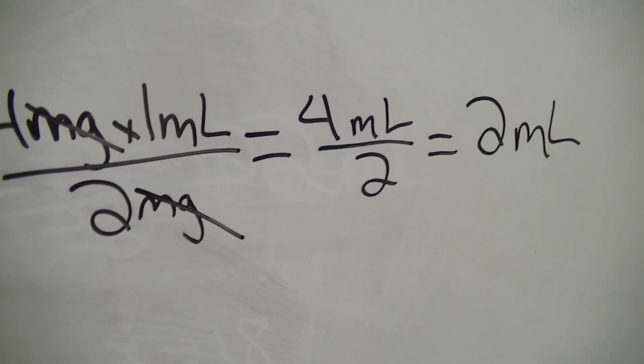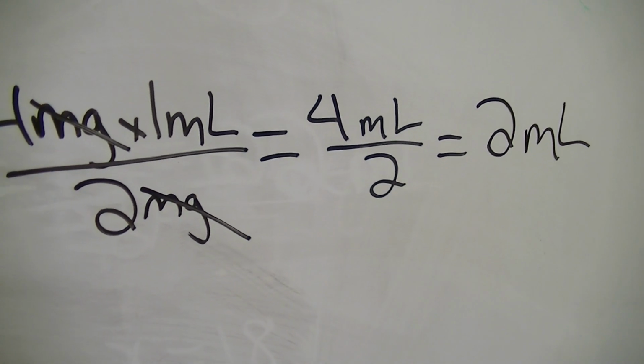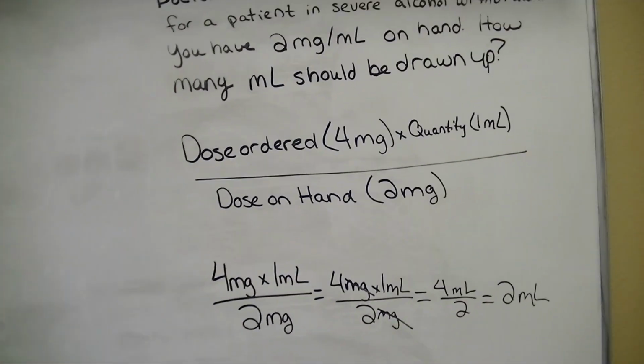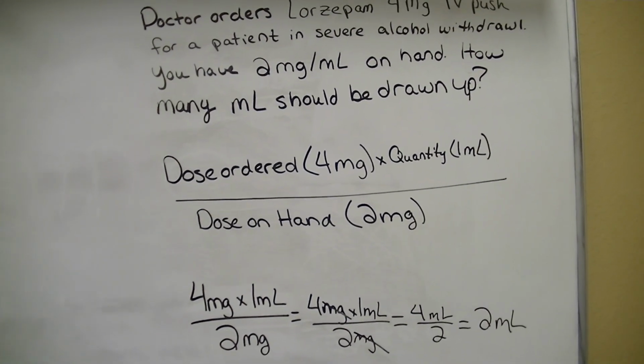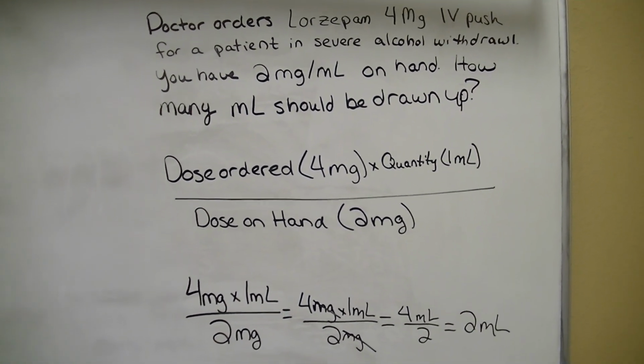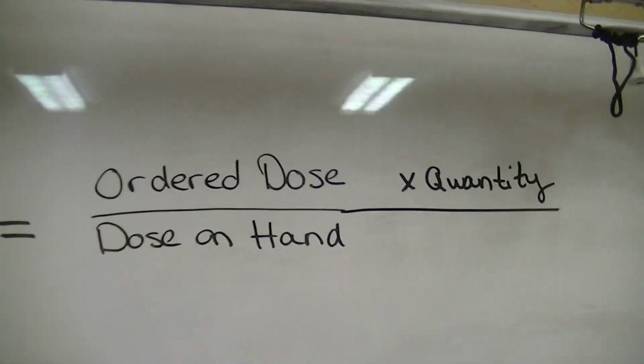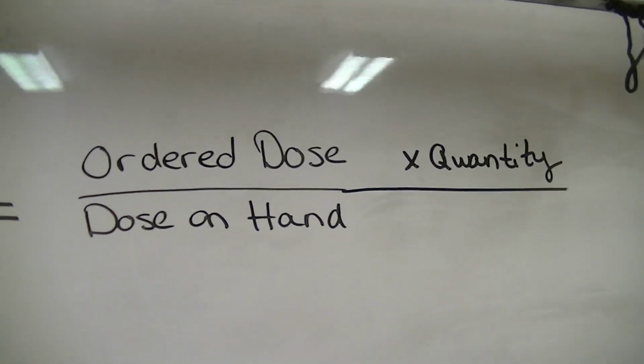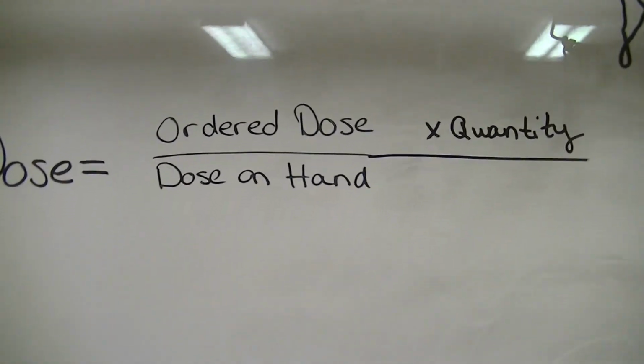So our answer is going to be 2 milliliters. How many milliliters should be drawn up? 2 milliliters. Hopefully that gives you a good idea of a way to use this handy formula, which again is ordered dose over dose on hand times your quantity. In this case, our quantity was our milliliters.